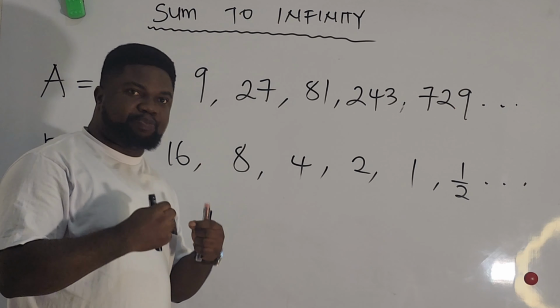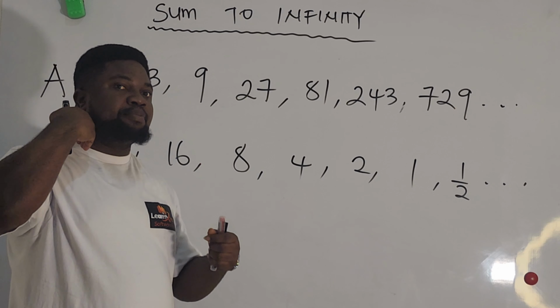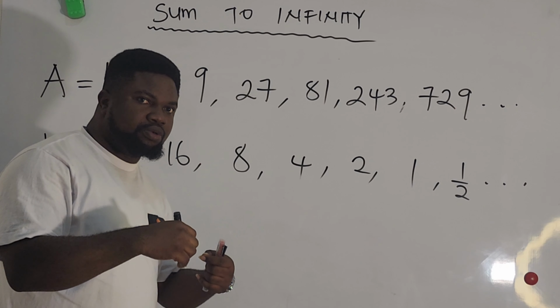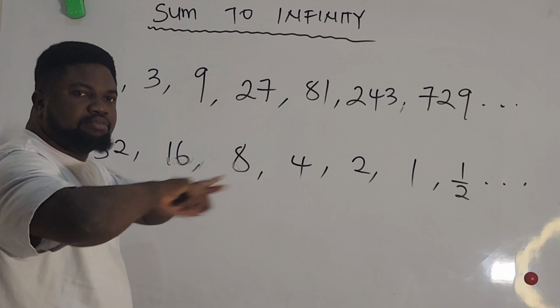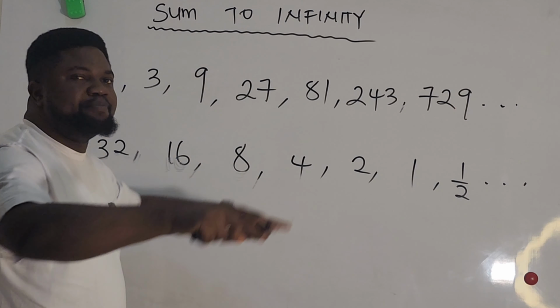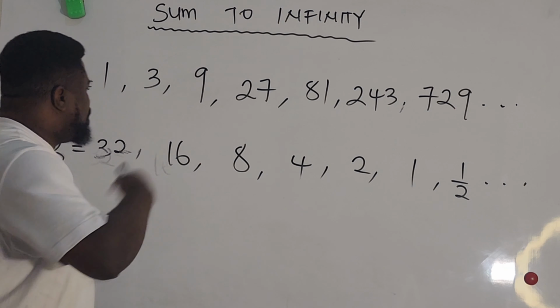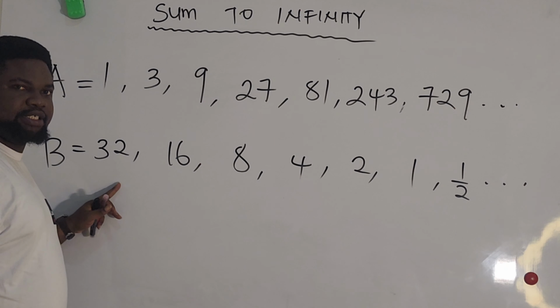When a sequence goes from small to big, it is divergent. A GP, a geometric progression, with a common ratio that is getting bigger and bigger is said to be diverging. Look at the second sequence.